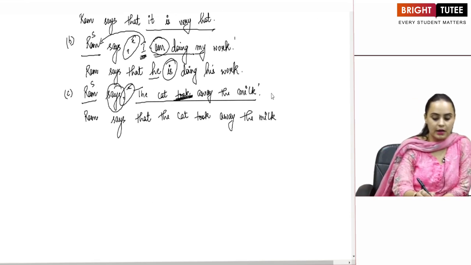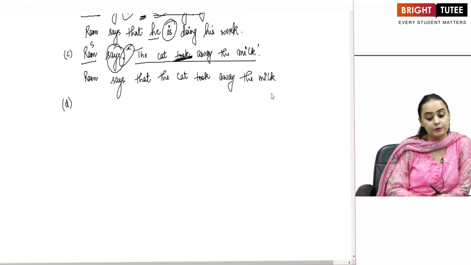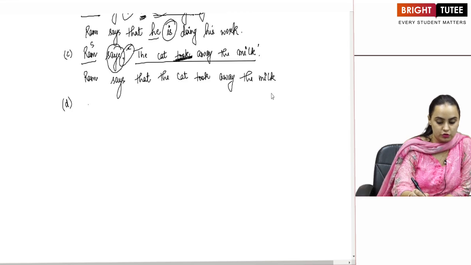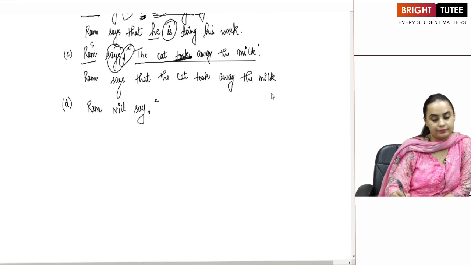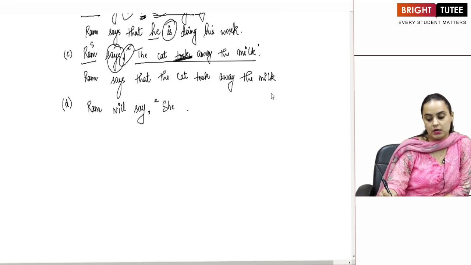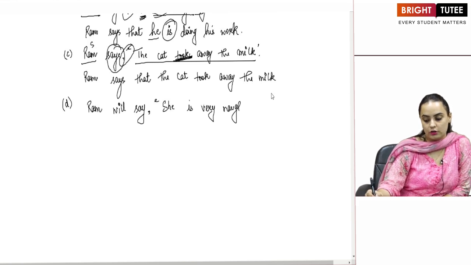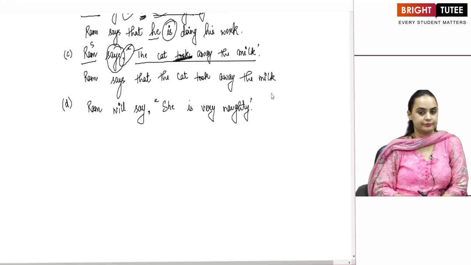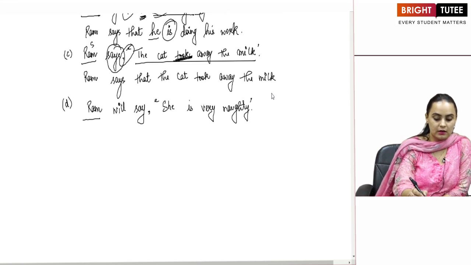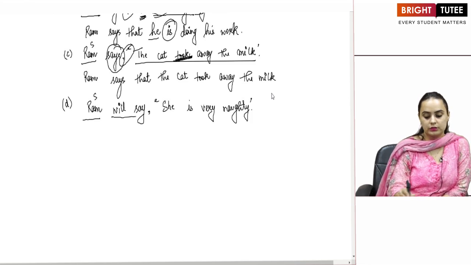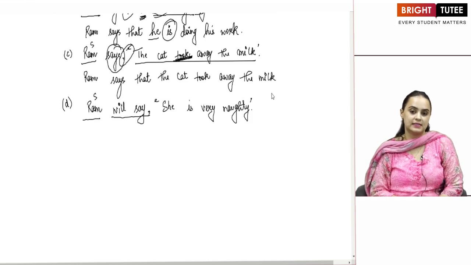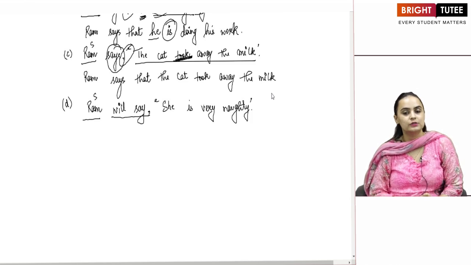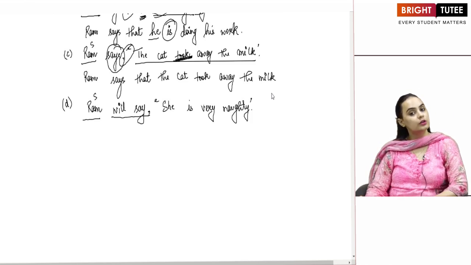Similarly, if my reporting verb is in simple future tense, Ram will say, she is very naughty. Okay? Speaker is Ram. What is my reporting verb? Will say. And will say is written in the simple future tense.